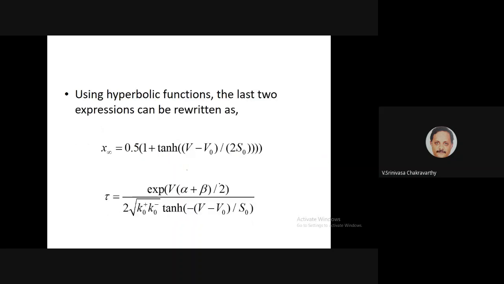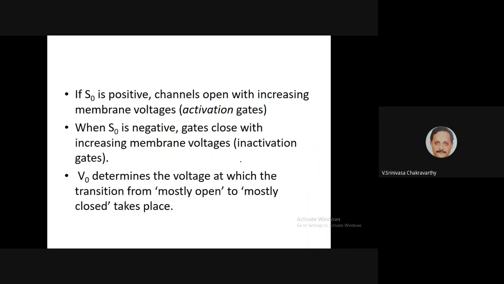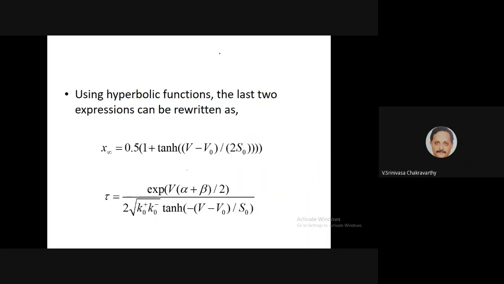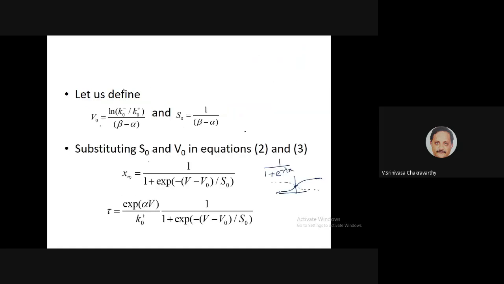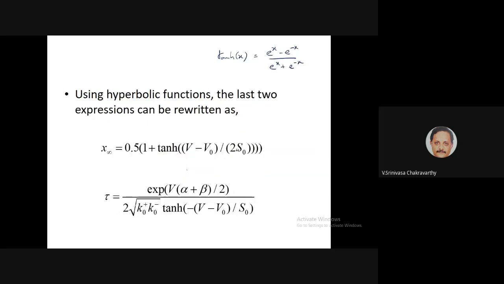And the same thing you can write in terms of tanh function, because you know tanh of x is given by e power x minus e power minus x by e power x plus e power minus x. So using that we are able to change this into this expression.